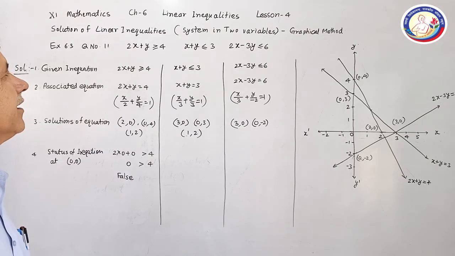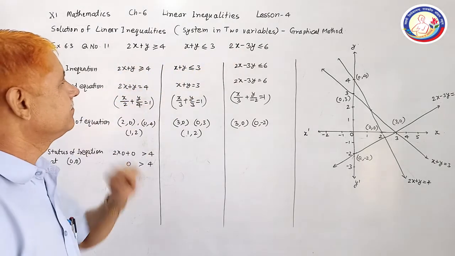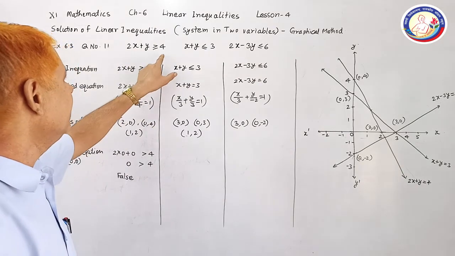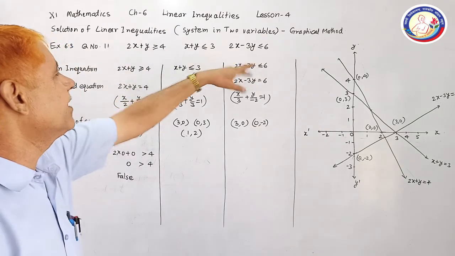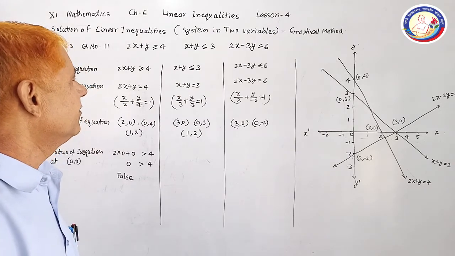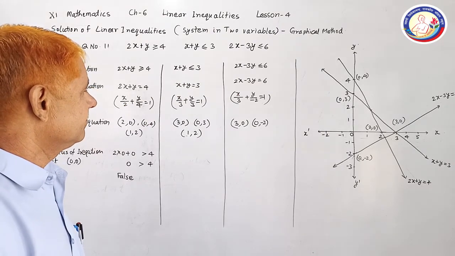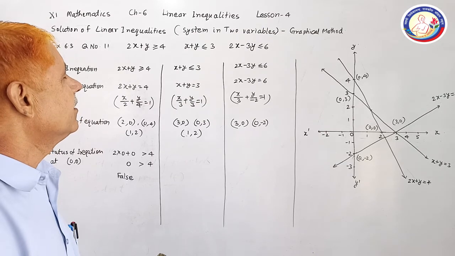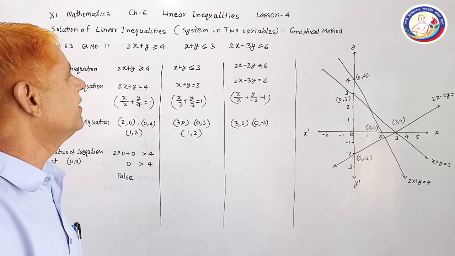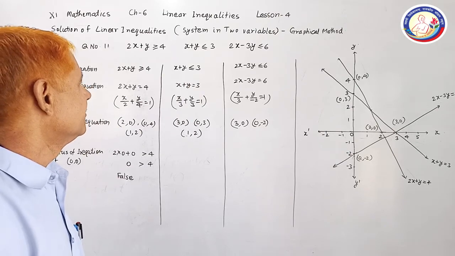Now we are going to take another problem for solution. This is question number 11 from our exercise 6.3. We have to find the solution of these three inequalities. This is different because it is of a different type: here we have no condition or constraint of non-negativity, X greater than or equal to 0 or Y greater than or equal to 0.